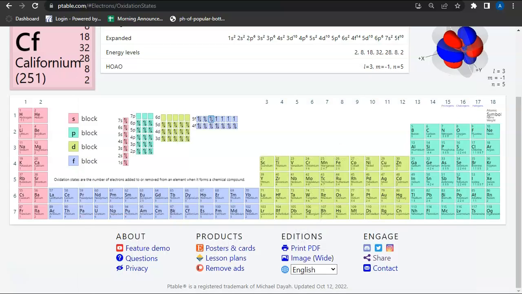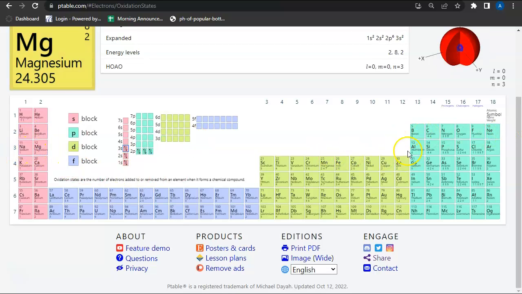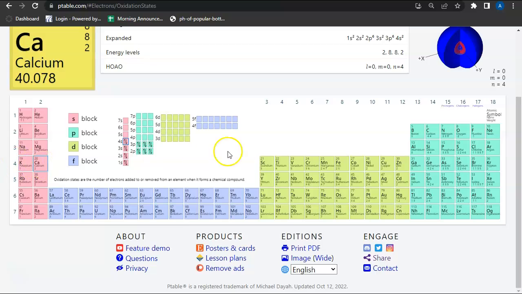The table, if we look at it this way, you can see it goes 1s, 2s, 2p, 3s, 3p, 4s, and then 3d.